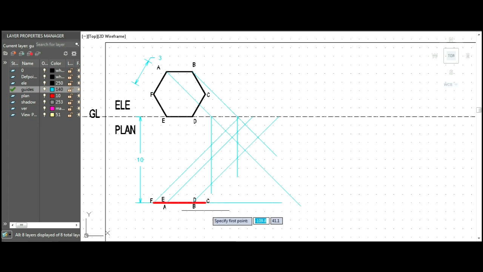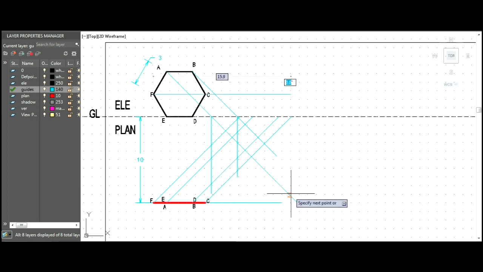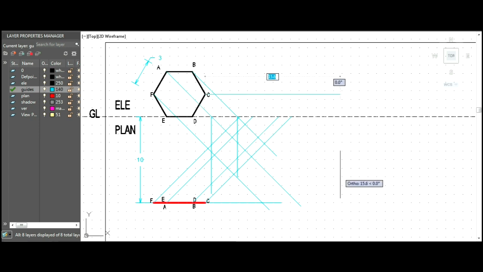So from C, 45, and from F, both in plan as well as in elevation.